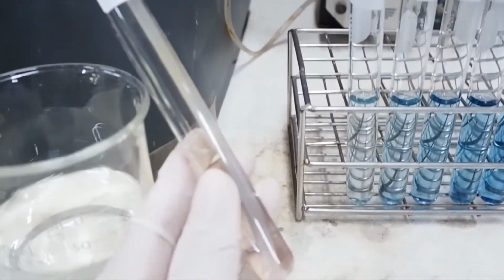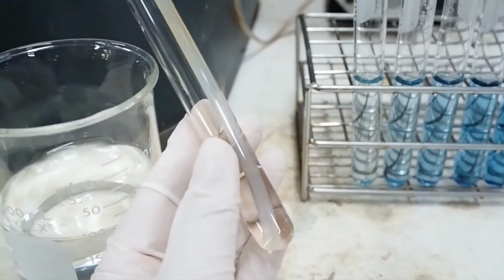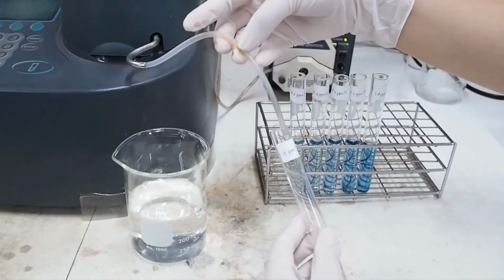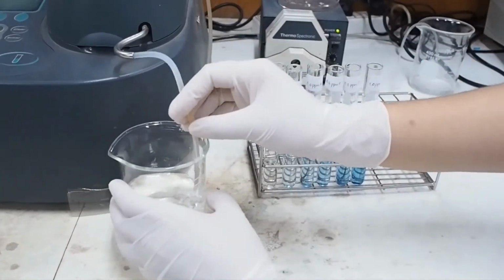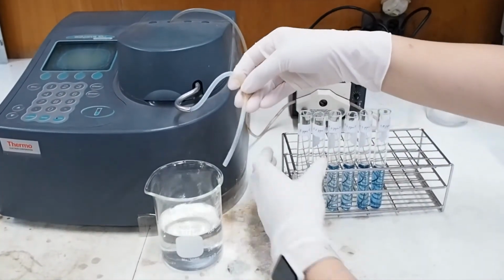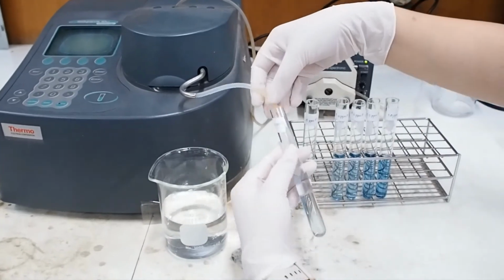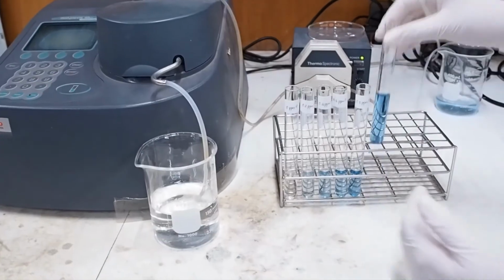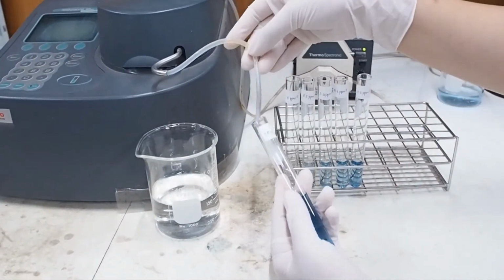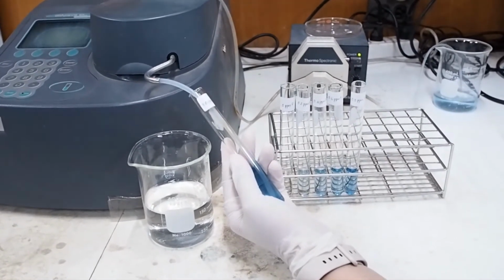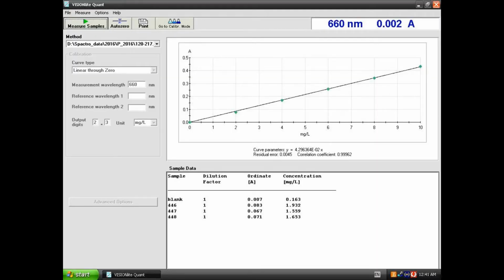So you will get the linear equation from the graph. And after reading the standard, read the blue color of the test sample, and then you can calculate the concentration of the sample from the linear equation.